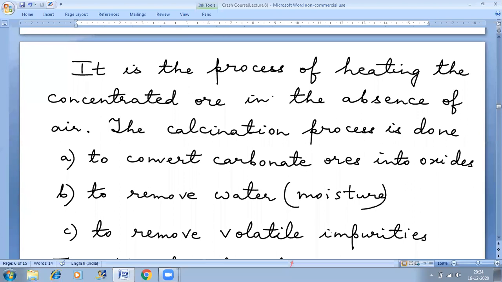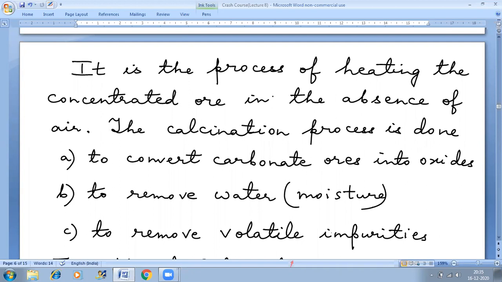For example, if it is a carbonate ore, then the carbonate ore can be converted to the oxide with the help of this calcination method. Because ultimately I want the oxide. So if I have the carbonate of the metal, I will heat it, and I will get the oxide of the metal. That is one purpose of doing calcination.